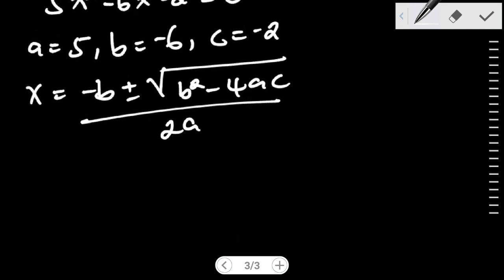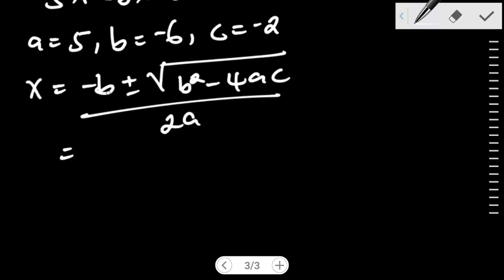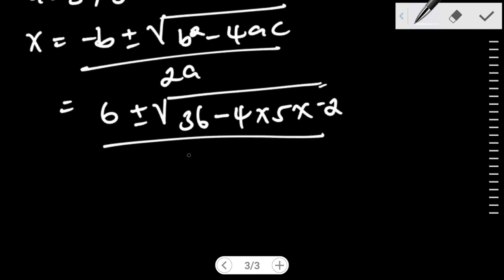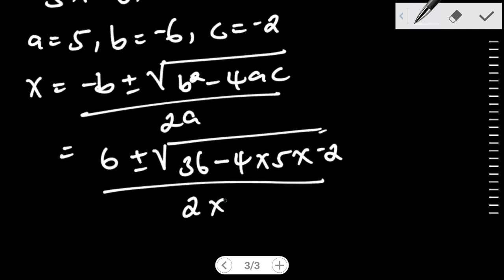Now let's substitute in. We know that b is already negative, so this would be a positive, and therefore this would be 6 in this case. Positive or minus root of b squared, which is negative 6 squared, which would give me 36 in this case, minus 4 times a, where a is 5, times c, which is negative 2, and all over 2 times a, where a is 5.